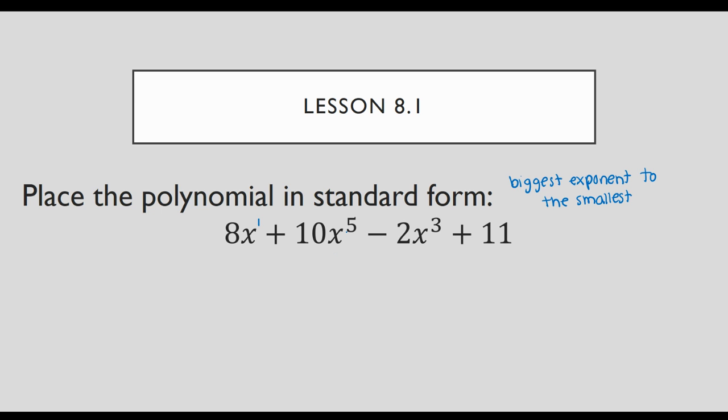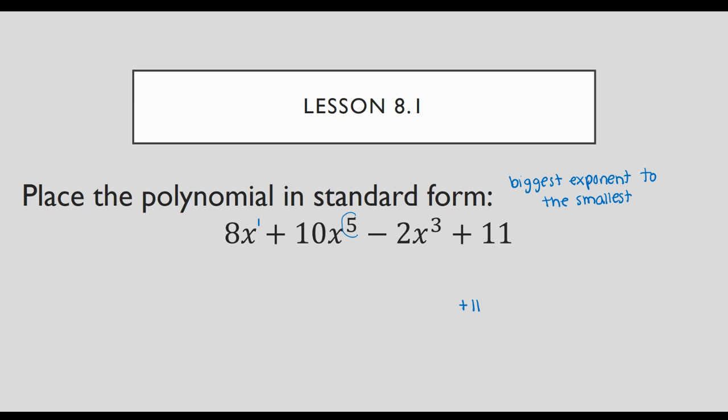Then we have 10x to the 5th, so 5 is that exponent. We have this negative 2x cubed, so 3, and then plus 11. Because that doesn't have any variables, that would have to be the smallest. So anything that doesn't have a variable would be last. So that plus 11 is still going to stay at the very end.